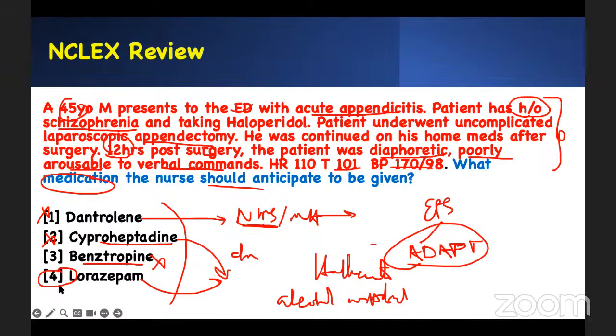But you can answer this question without me putting alcohol there or putting hallucination. I've given you everything. Diaphoretic, poorly arousable, change in mental status, tachycardia, low-grade fever. The fever is the giveaway. There's no way you will have neuroleptic malignant syndrome and your temperature is 101. Or malignant hyperthermia and your temperature is 101.